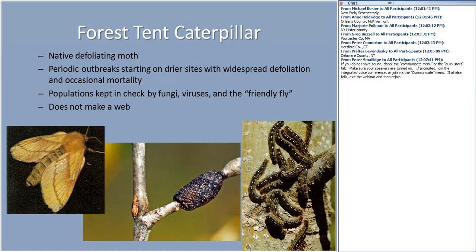The forest tent caterpillar can be distinguished from its congener, the eastern tent caterpillar, because it does not make a web. The eastern tent caterpillar loves to get into black cherries, and it makes a beautiful web. So that's how you tell them apart.